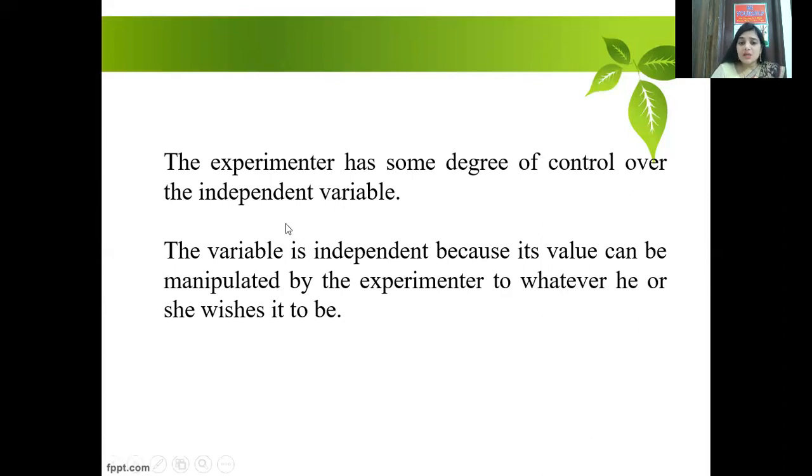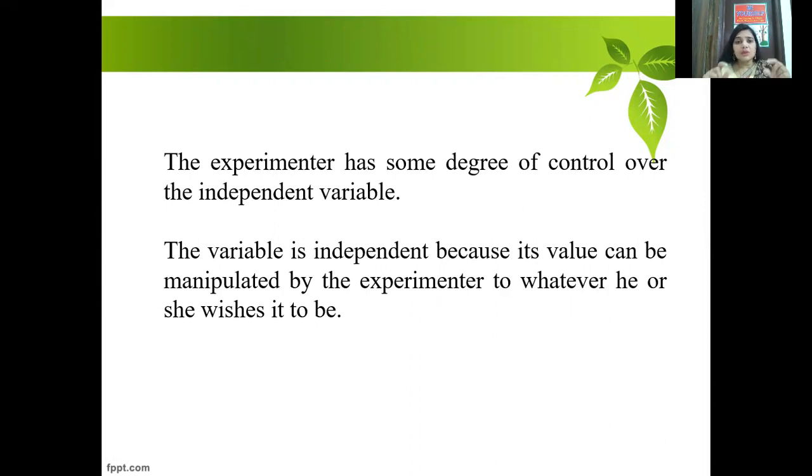The variable is independent because its value can be manipulated by the experimenter to whatever he or she wishes it to be. For example, we have got two variables. We can call any one variable independent and any one dependent. It is not that the variable we call dependent, we will be changing that, and the independent one would be affected.